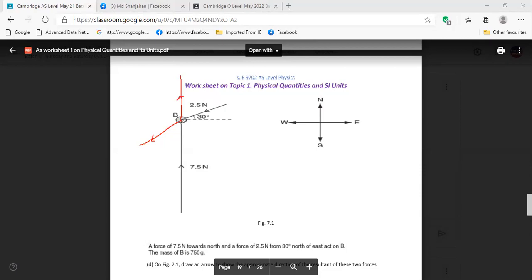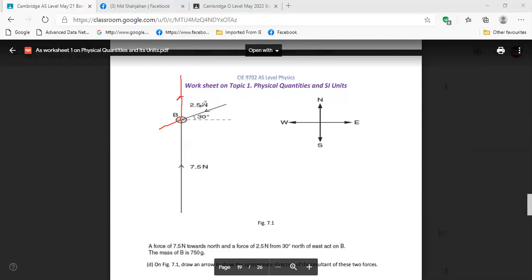So here we got our parallelogram rule, right? This line is a smaller line, so we will try to make it a little bit smaller. Look here, how I am making it smaller. Till this much. This one is 2.5, right?